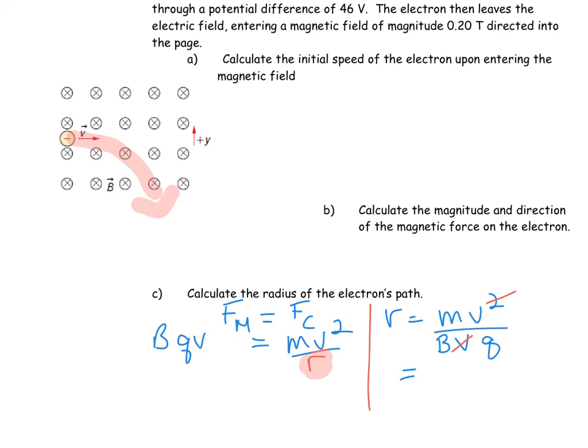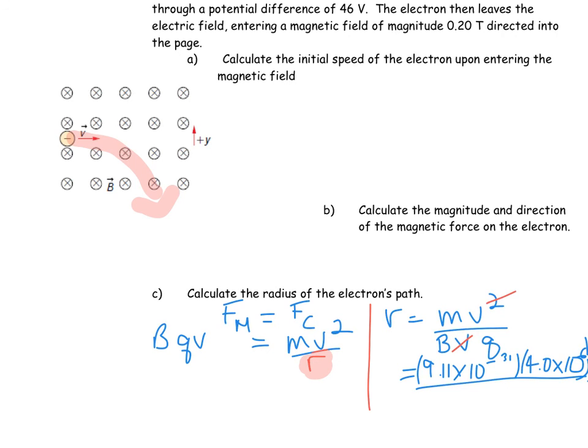So again, I have an electron, so I'm going to use the mass of that electron, which is 9.11 times 10 to the power of negative 31 kilos. I've got my velocity, which I determined in step 1 as 4.0 times 10 to the power of 6. I'm running out of space, which is why I'm leaving my units out here.